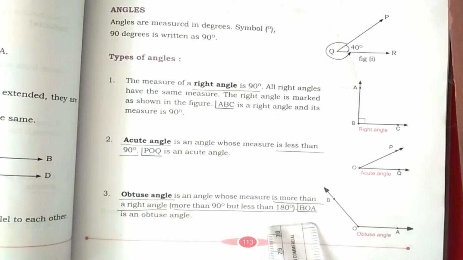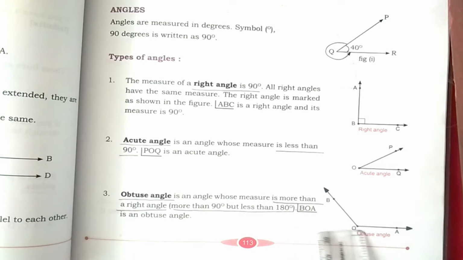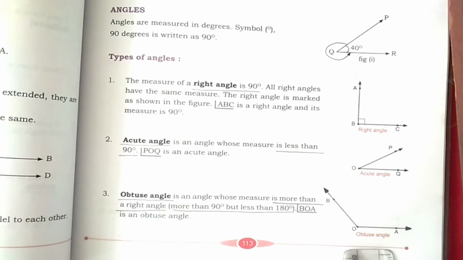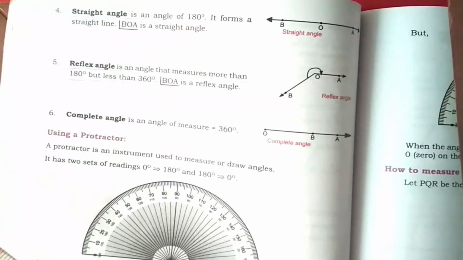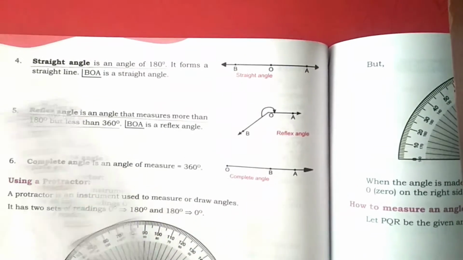An obtuse angle is an angle whose measure is more than 90 degrees but less than 180 degrees. We have to remember, obtuse angle means more than 90 degrees and less than 180 degrees.